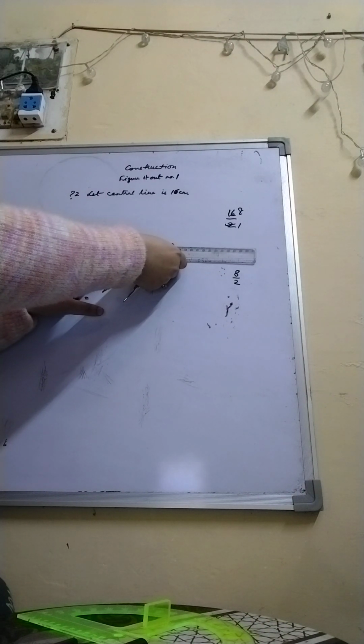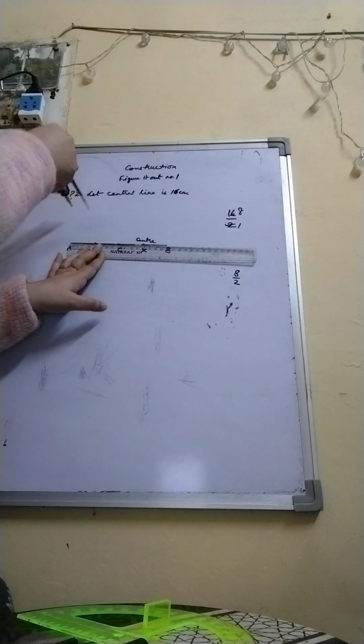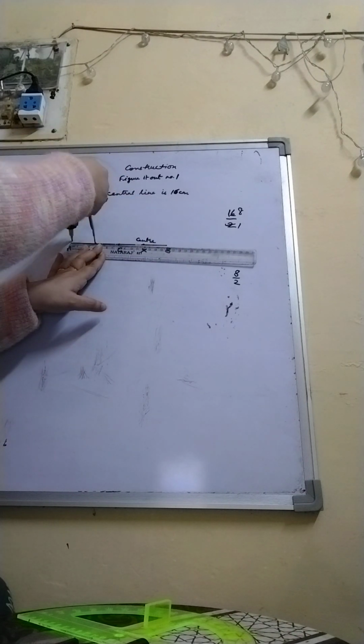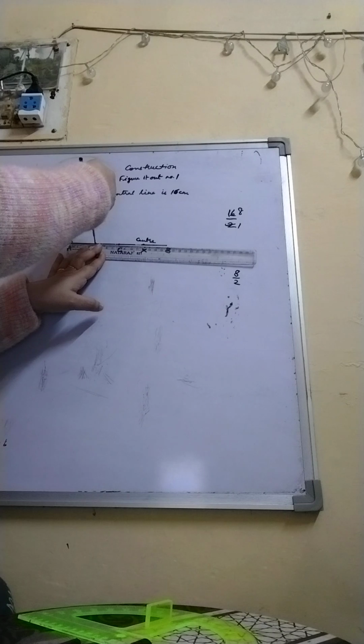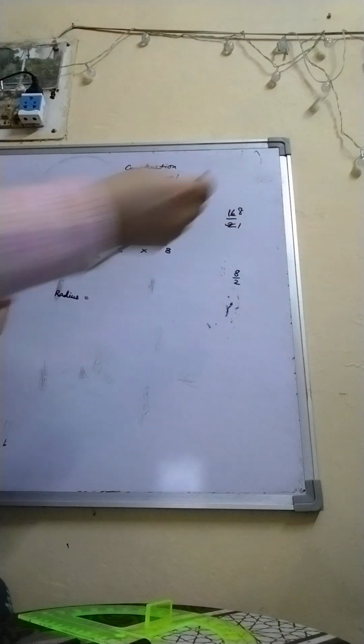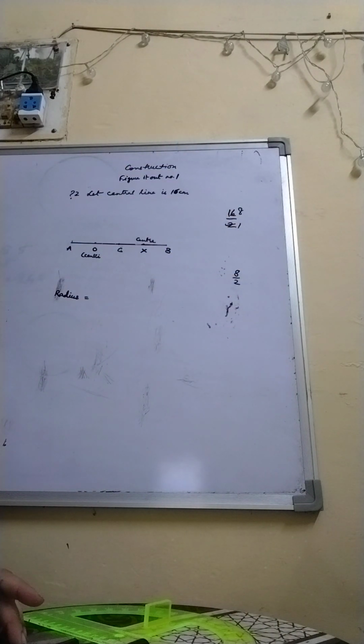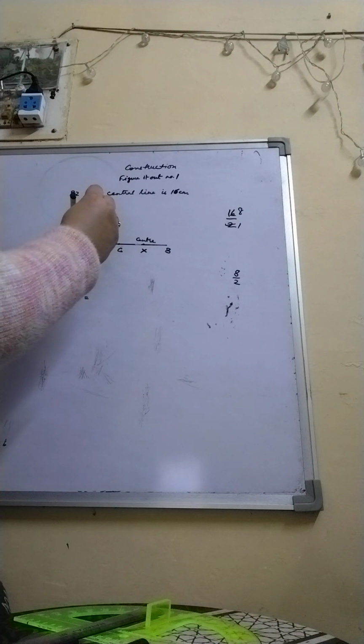We have AC and then AO. So we would open the compass till AO like this. So that is 4 centimeter. You would open the compass and draw the half circle.